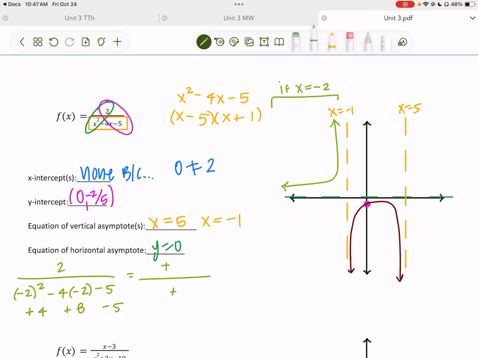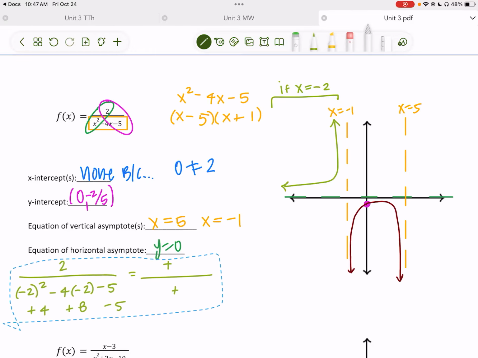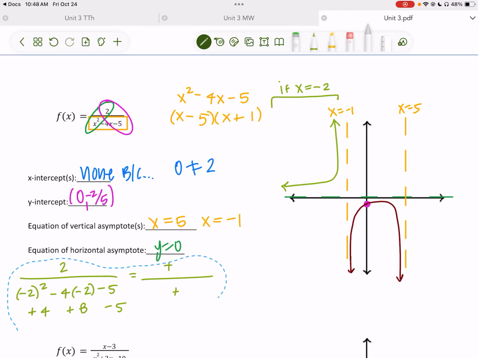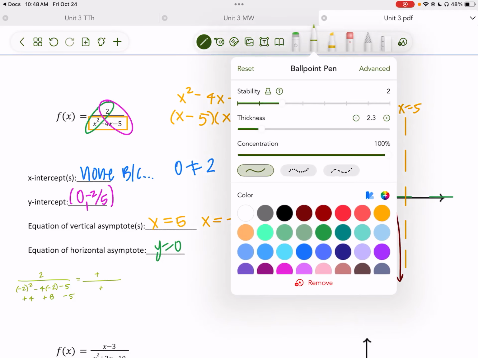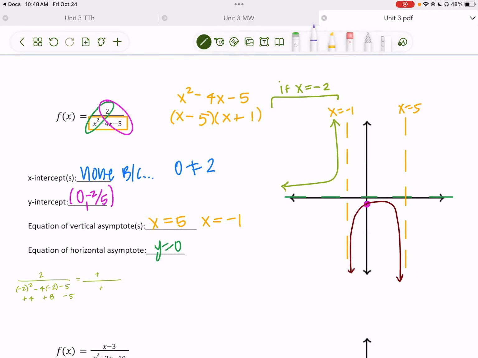Okay. From there, I can do the same thing for the other side. Let me make this a little bit smaller so we have more room. So let's do if x is 6. So if x is 6, we have 2 over 6 squared minus 4 times 6 minus 5.